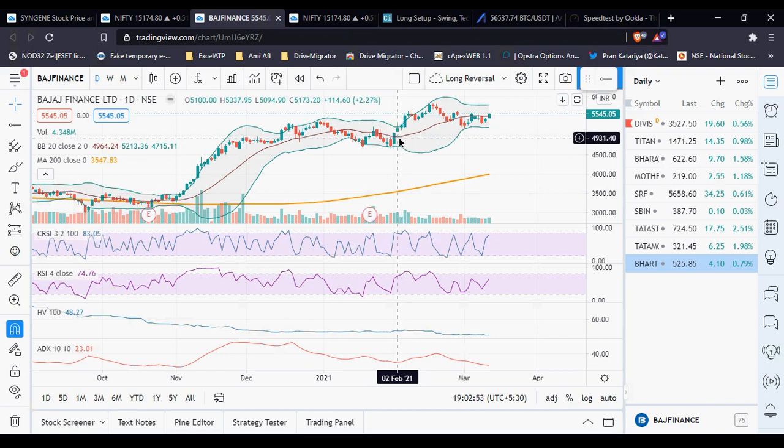The only drawback was it was already past its first target, but somehow I managed to close it somewhere about here on the 8th of February. I closed it when it was giving me a red candle. I didn't get much risk reward, about 300-400 points I might have got, that's it. But that was worth it.